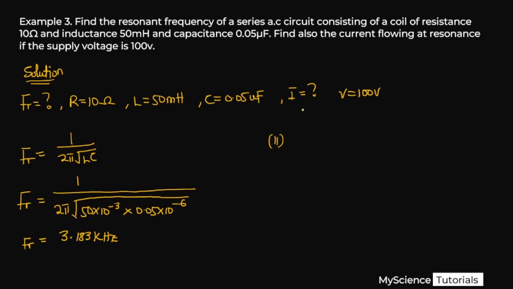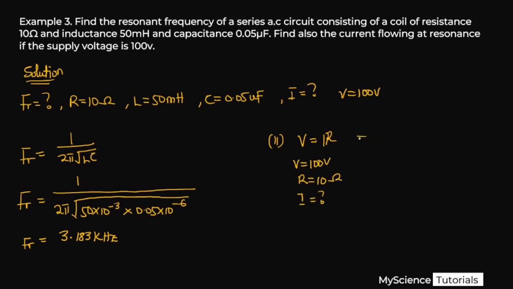The second part of the question is demanding we find the current if the supply voltage is 100 volts. We were told that V is equal to IR, and we already know our voltage is 100 volts. We know our resistance to be 10 ohms, and we don't know our current.